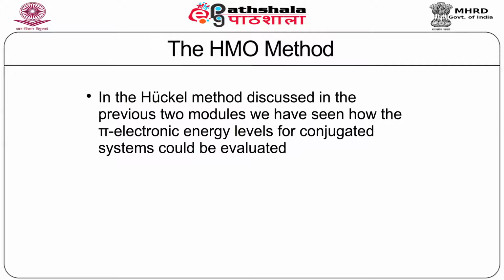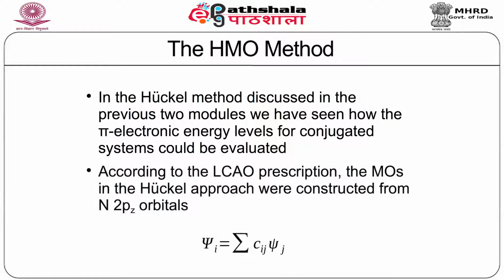In the Hückel method discussed in the previous two modules, we have seen how the pi-electronic energy levels for conjugated systems could be evaluated. According to the linear combination of atomic orbital prescription that we followed in that method, the molecular orbitals were constructed from n number of 2pz orbitals.